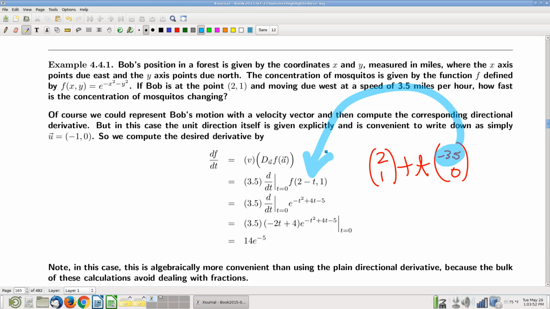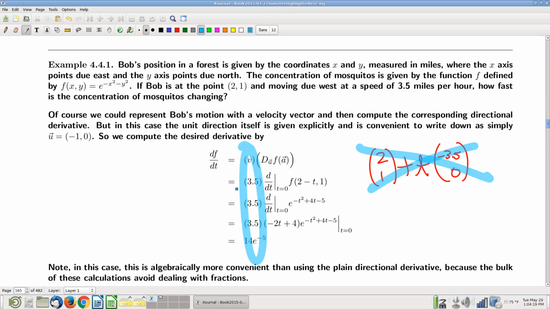So I would have had a fraction in my formula for x that would then make fractions go all the way through this calculation. Not that it's not doable, but it's slightly less desirable to have to deal with fractions as you're doing non-trivial algebra. So all else being equal, I think it's a slicker move to not do that, but just have the inconvenient little fraction 3.5 sit off to the side by itself and not work its way all the way through your algebra. I'm going to call this a win using the directional derivative, the unit directional derivative. Is everybody on board?